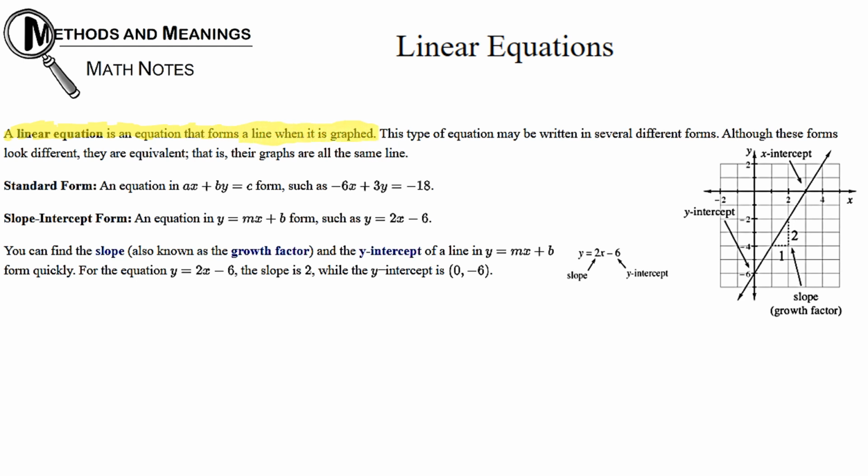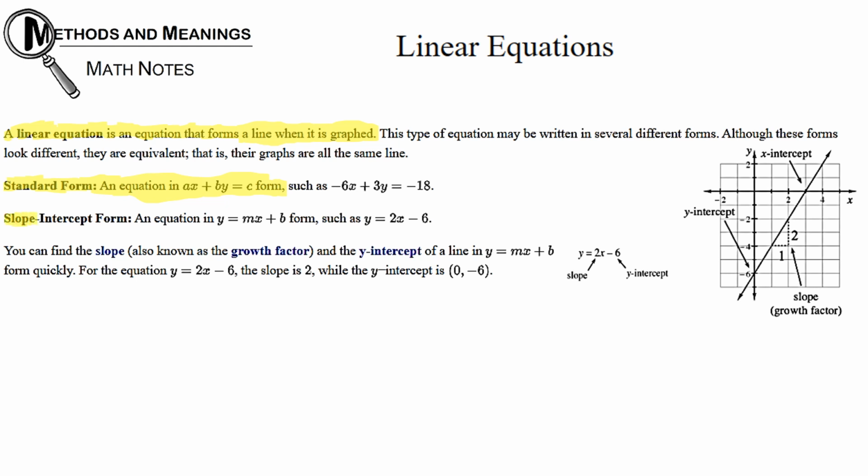Now there are different forms equations can take, so part of your job is to quickly identify those. The first is standard form, and that's an equation written in ax plus by equals c form. The key is that the x and y are on the same side, and a, b, and c are all integers, no fractions or decimals.